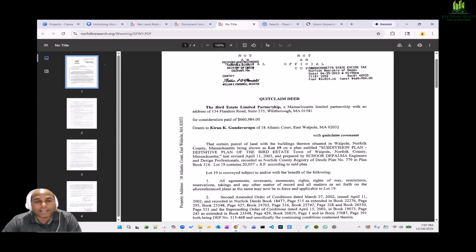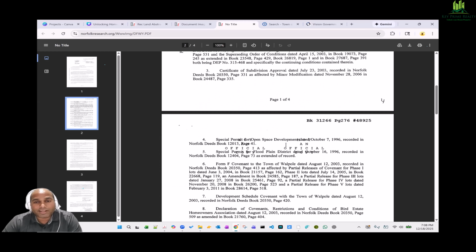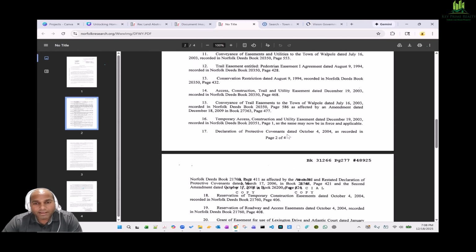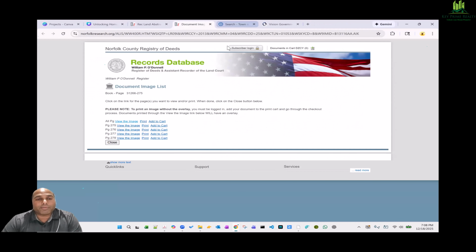So these are the sellers, and this is the buyer, and this is the consideration, how much was paid. This is the legal document that gets recorded here. So this establishes this particular person's ownership, so whoever was granted this deed is eligible to sell this property again to somebody else.